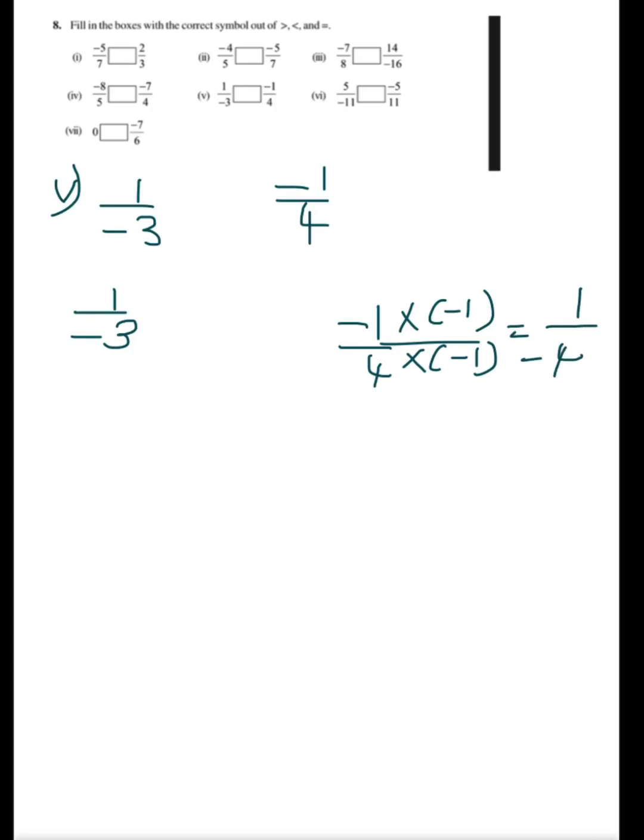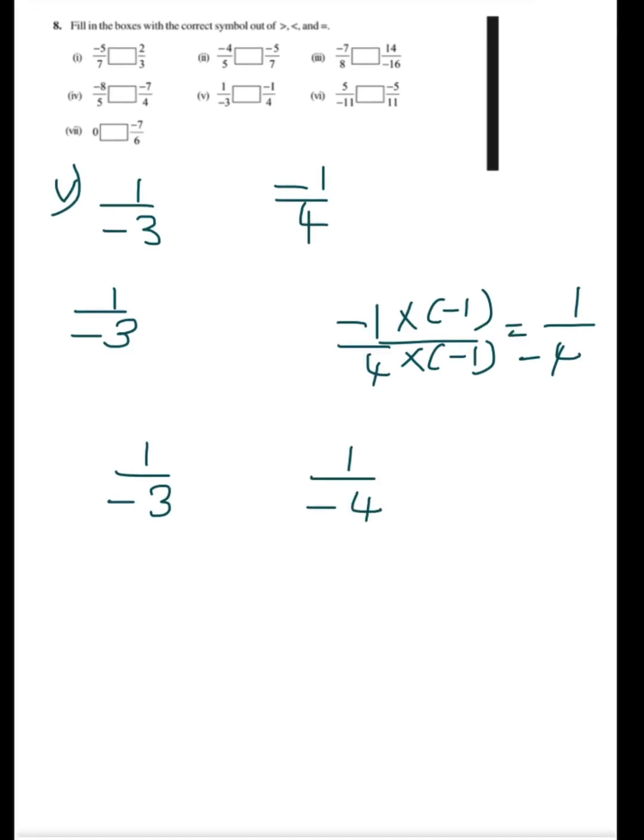Now our question has turned into what? 1 by minus 3 and 1 by minus 4. Now let's compare this without considering the negative sign, that is 1 by 3 and 1 by 4. You know that 1 by 3 will be greater than 1 by 4.